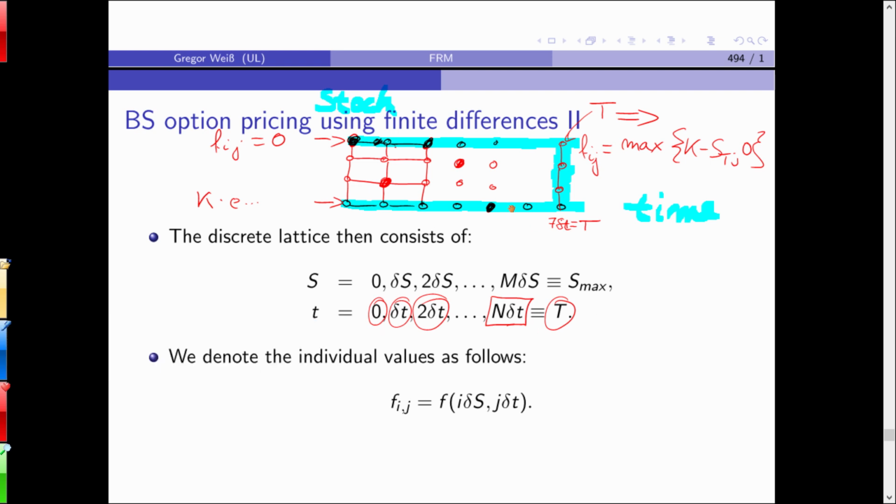Is this clear why we know these 3 lines in the lattice? The last column is the same as with the binomial model. We know it. Why? Because at maturity, we know what the option pays out, depending on where the stock price is.